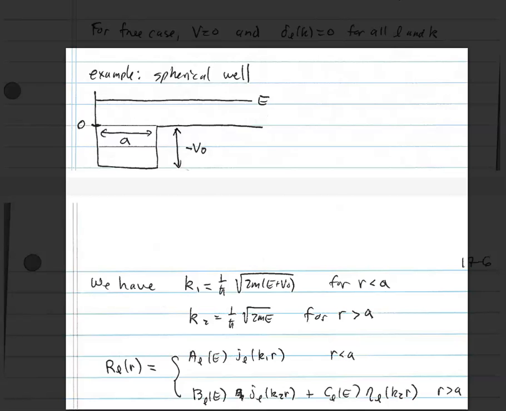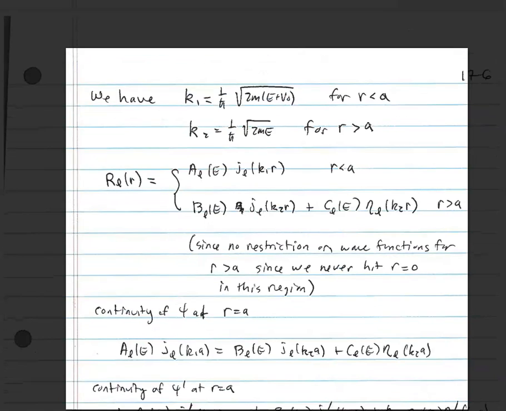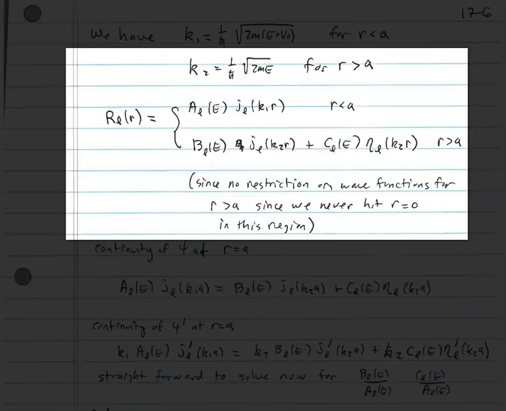The etas are singular as r goes to 0, so we get rid of them because of the singularity, which means for r less than a, I can only have the j terms. But in the region where r is bigger than a, I can have either a j term or an eta term. And you have to just keep that in mind when we work on these kinds of scattering problems. Again, this is another reason why I'm not a huge fan of working on these kinds of scattering problems.